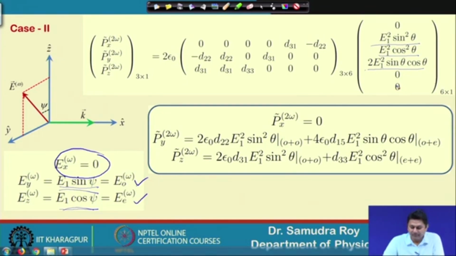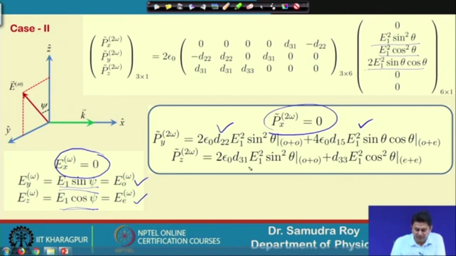So, now if I calculate term by term, P x turns out to be 0, there is no P x. P y, there is a combination of terms. If I calculate P y, how to calculate? This multiplied by this 0, d 2 2, this is non-zero, this 0 multiplied by this is 0, d 3 1 multiplied by this is again non-zero. So, this term and this term, 2 terms are there, and also we find out what is my P z.